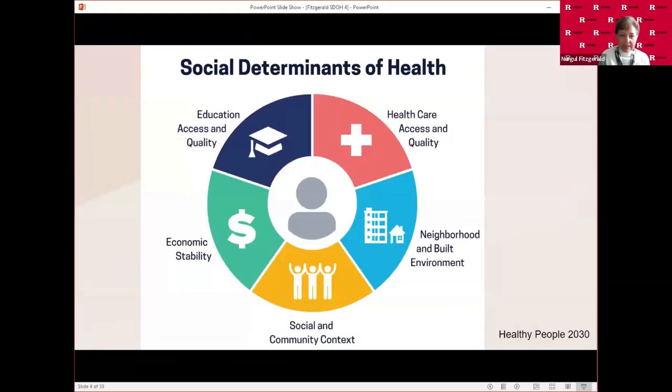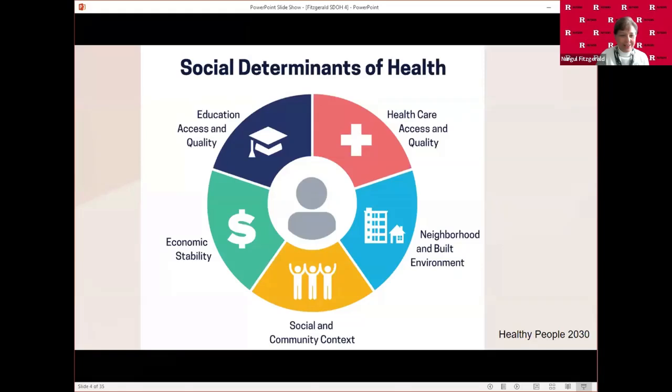So this is the first definition, a more pictorial representation of that definition used in the Healthy People 2030. These are the 5 domains used in the social determinants of health: healthcare access and quality, neighborhood and built environment, social and community context, economic stability, and education access and quality.